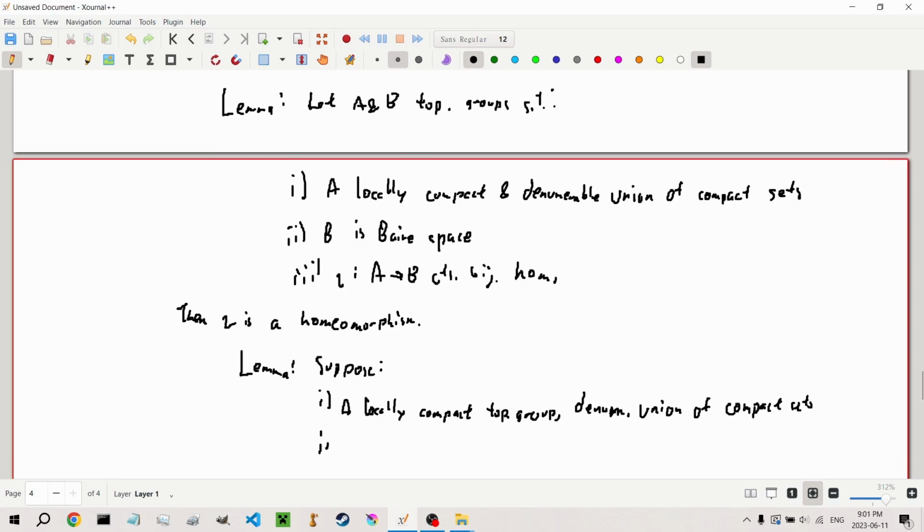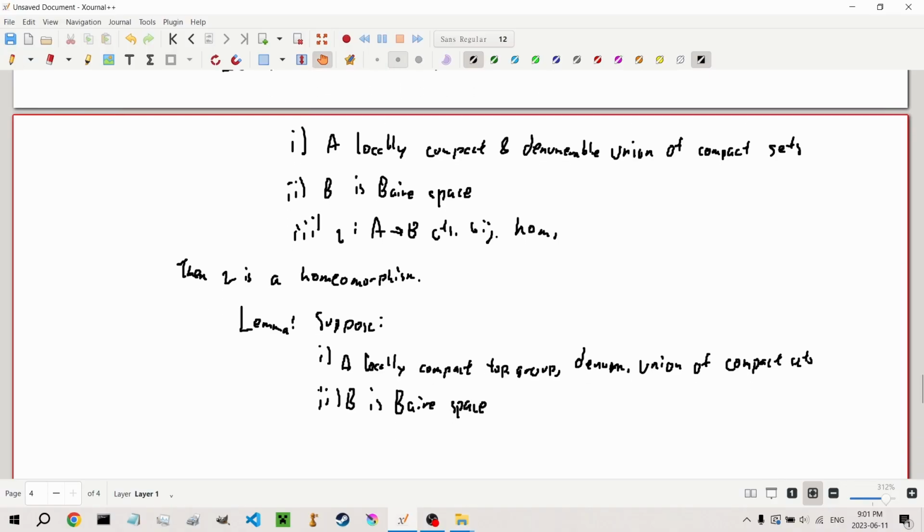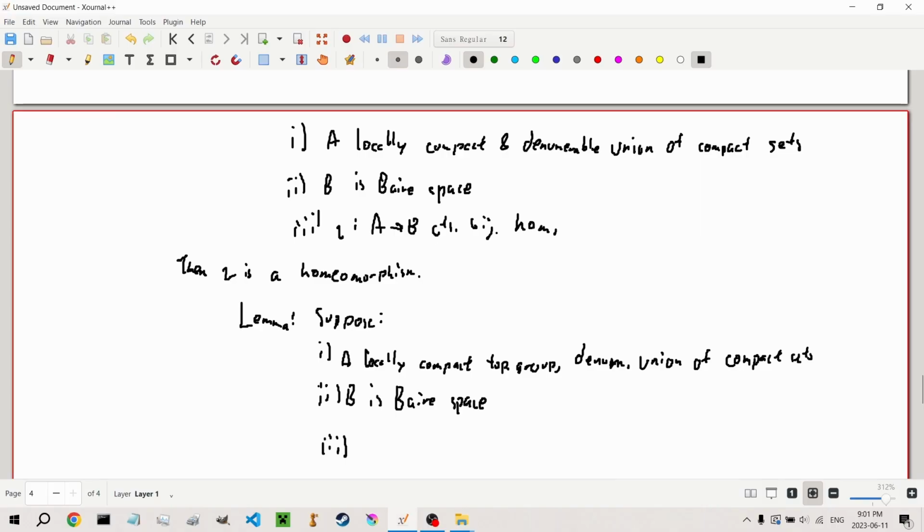Secondly, B is a Baire space. And third and finally, we have phi from A times B to B be a continuous transitive operation of the group A on B.